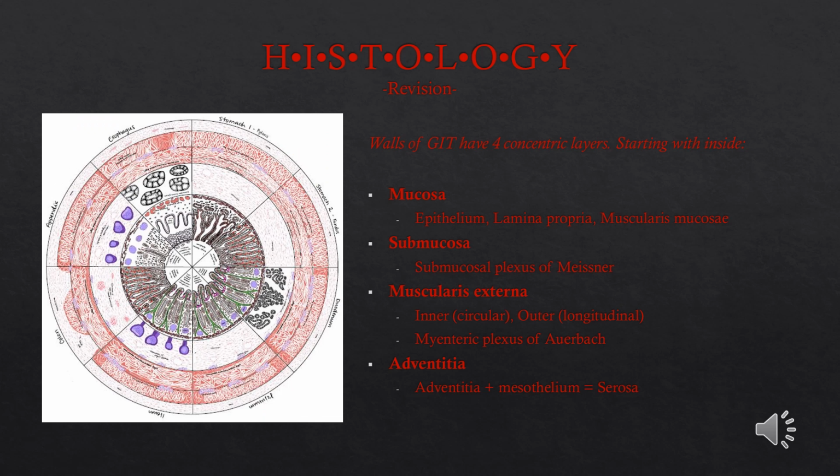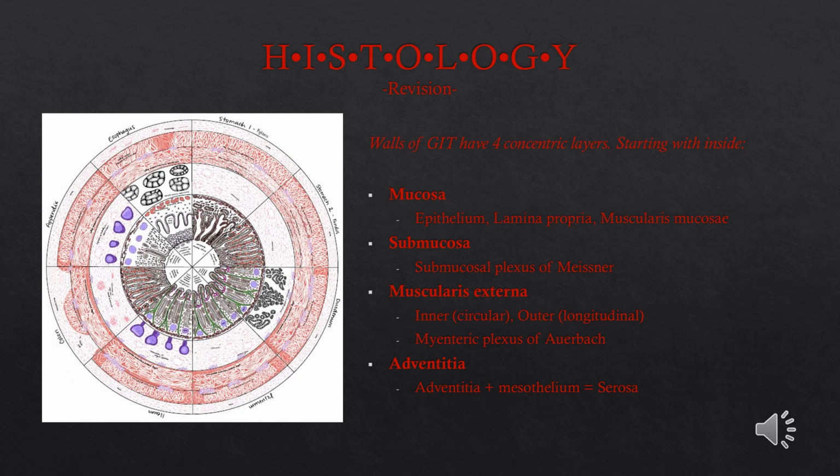The other layers of the stomach wall are the submucosa, the muscularis, and the adventitia. The submucosa of the stomach is typical of the GIT. However, it is special because together with the mucosal layer, the submucosal layer forms ruga, which expand and disappear with filling of the stomach.